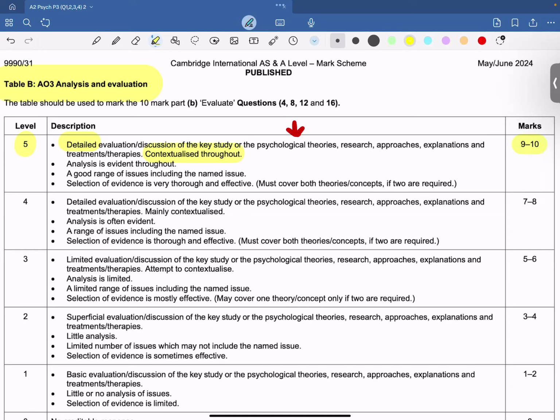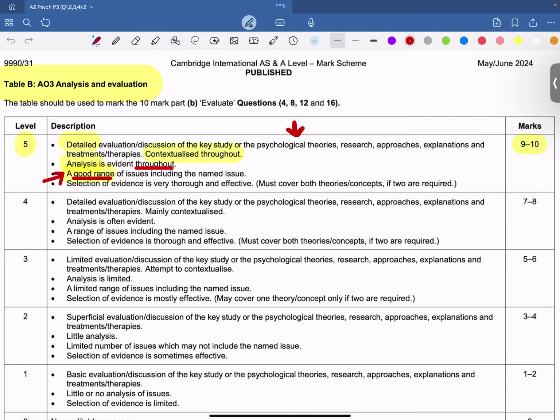Number 2, analysis is evident throughout. So there should be consistency when you write. Your analysis is expected throughout your answer. I'll just underline throughout over here. Number 3, good range of issues, including the named issue. A good range of issues to be discussed, which I advise should be 3, right?